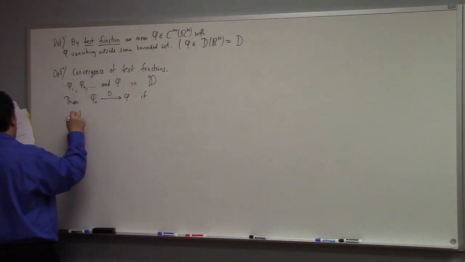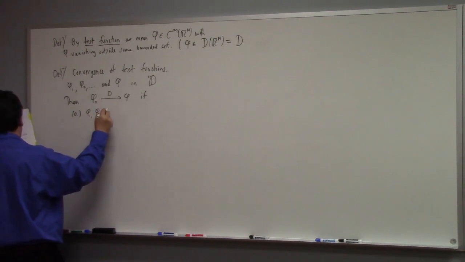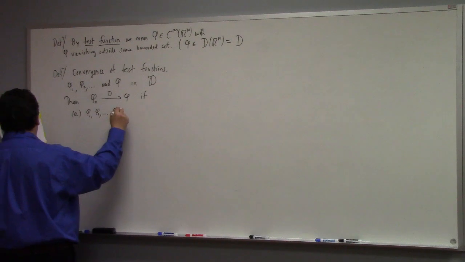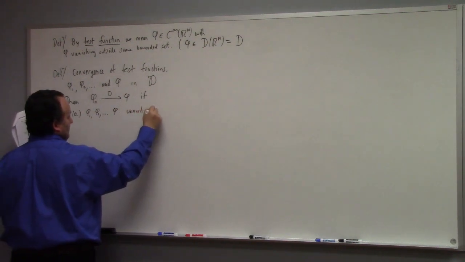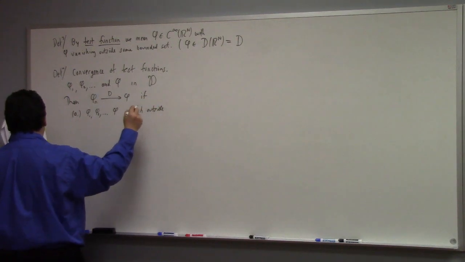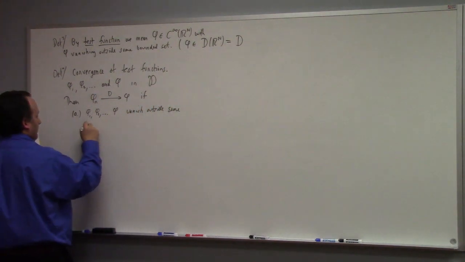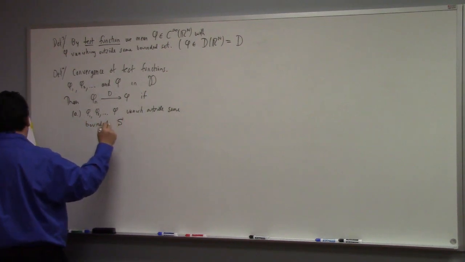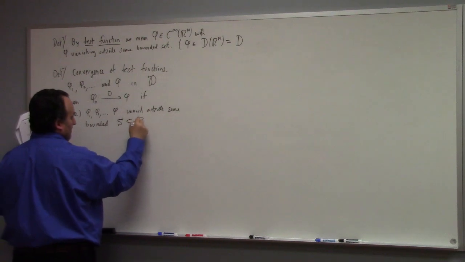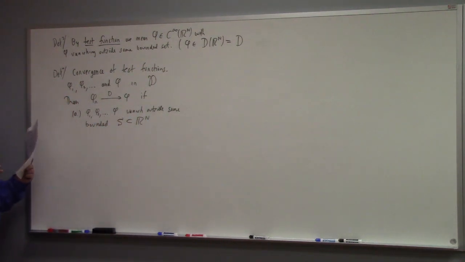A, you need that phi1, phi2, and so on, and phi vanish outside some bounded set S, which is a subset of Rn. So there's got to be a common set outside of which they all vanish, all right?